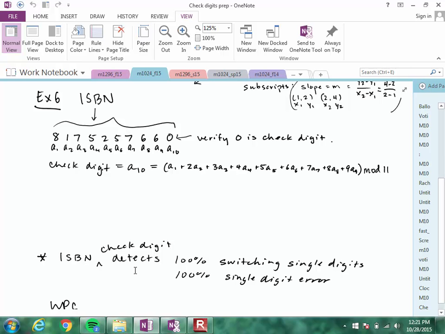So for this one, I'm asking that second type of question, verify 0 is a check digit. Let's make sure that 0 is a valid check digit. The formula you have in your formula sheet is A sub 10 is equal to, and it's a complicated formula, we have parentheses, and we have A1 plus 2A2 plus 3A3.